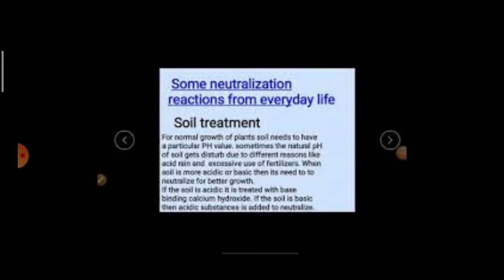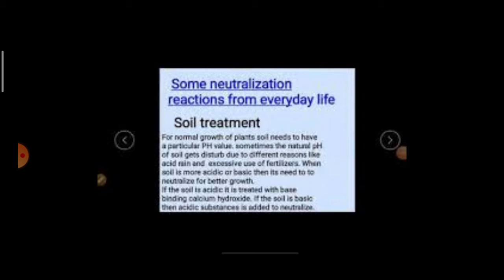For normal growth of plants, soil needs to have a particular pH value. Sometimes the neutral pH of soil gets disturbed due to different reasons like acid rain and excessive use of fertilizers. At that time, when the soil is more acidic or more basic, it needs to be neutralized for better growth.